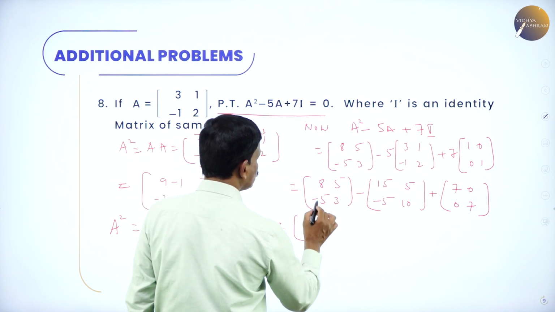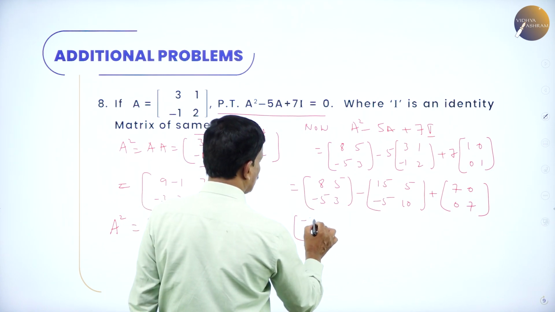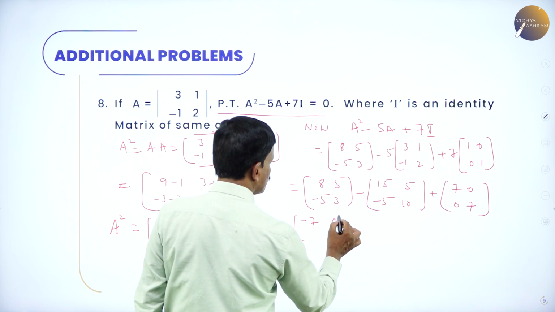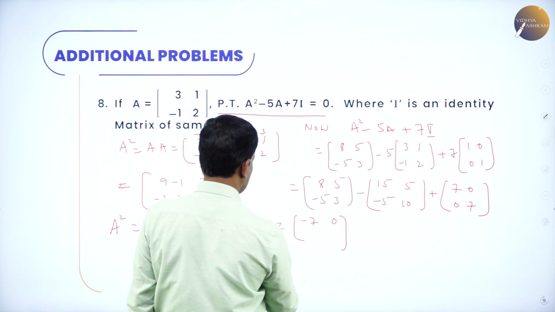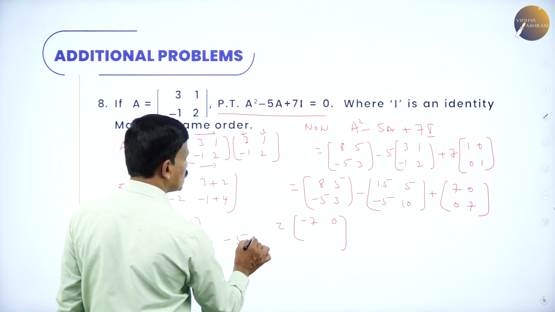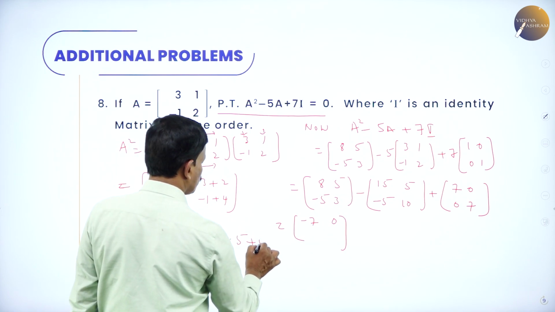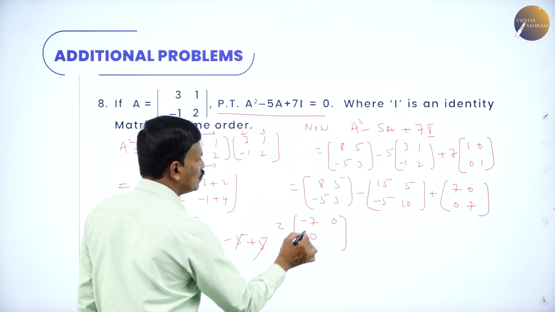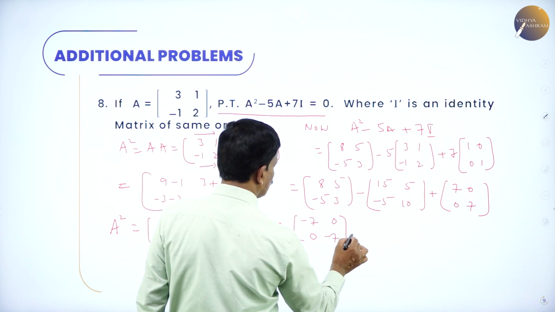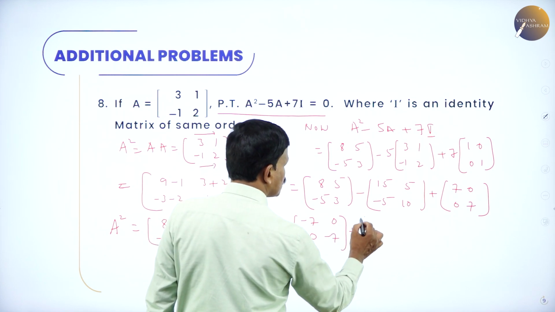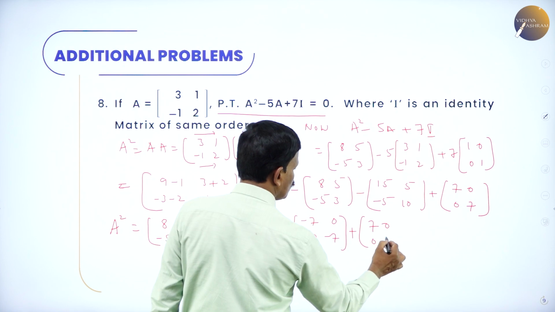Subtract this: 8 minus 15 is minus 7, 5 minus 5 is 0, minus into minus is plus, minus 5 plus 5 is 0, 3 minus 10 is minus 7, plus 7, 0, 0, 7.